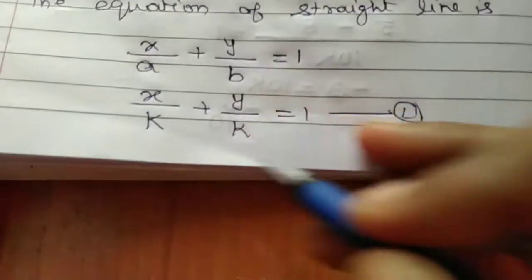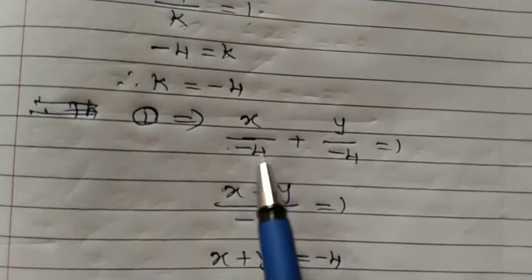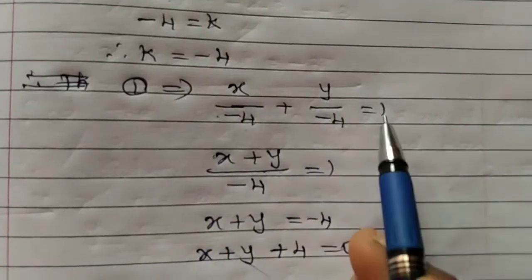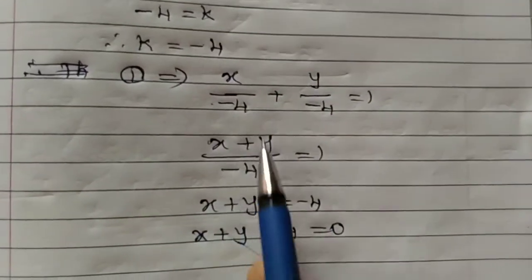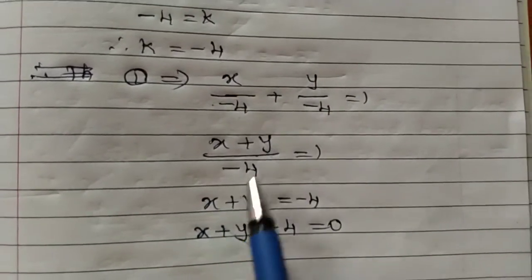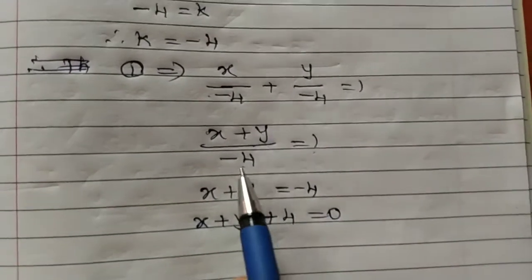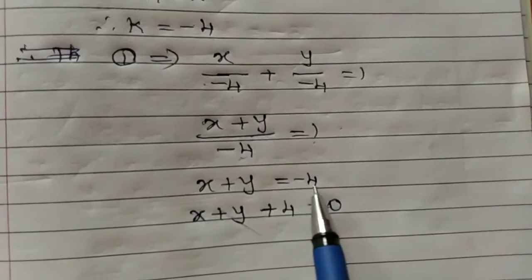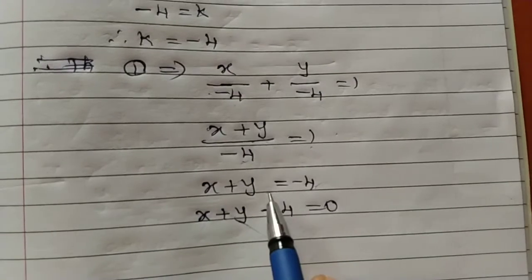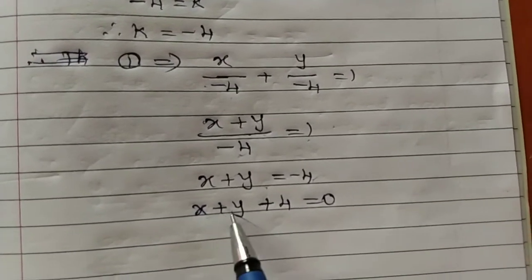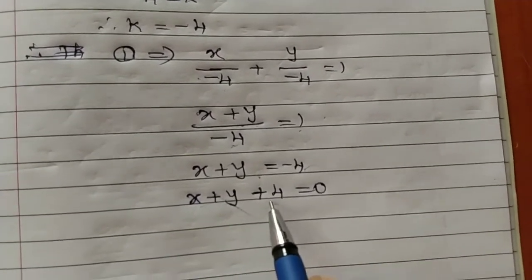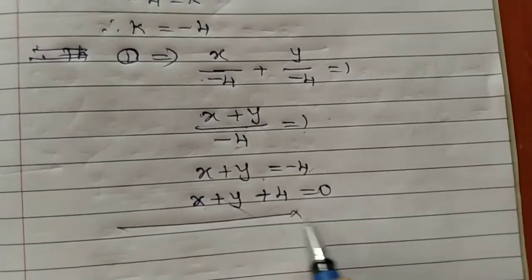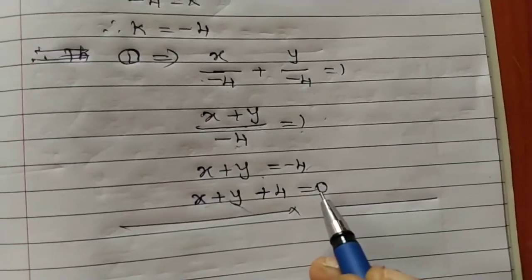Substitute in this equation: x by minus 4 plus y by minus 4 equal to 1. Denominator same, so x plus y divided by minus 4 equal to 1. Cross multiply, x plus y equal to minus 4. Minus 4 goes to that side, plus 4, so x plus y plus 4 equal to 0. We get the answer. Thank you students.